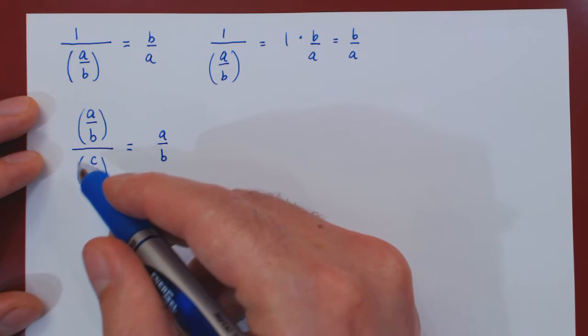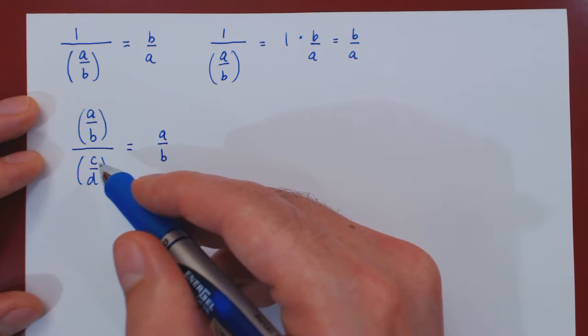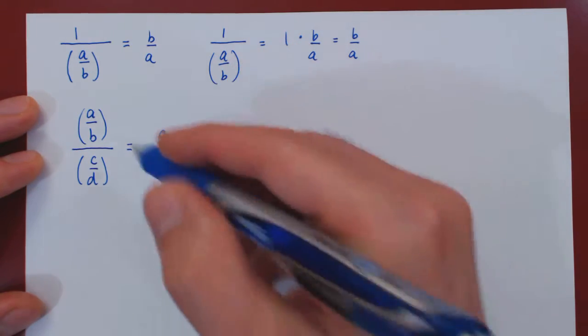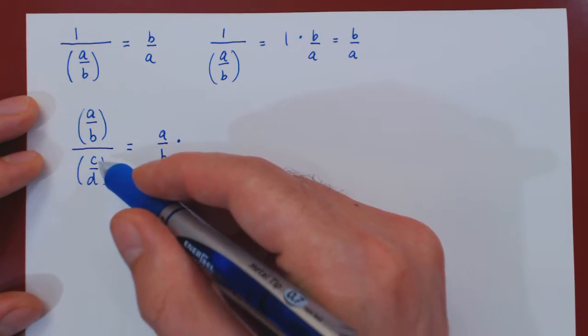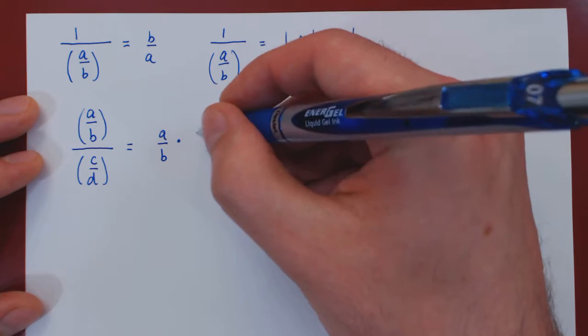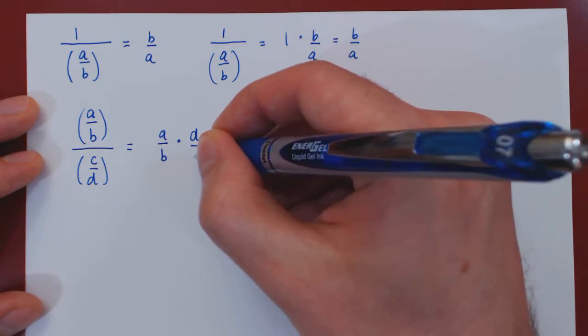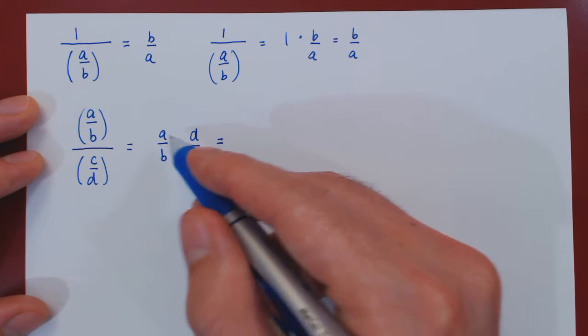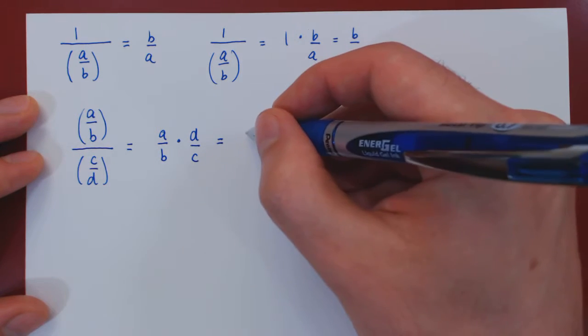And again, if you divide by a fraction, you're performing the reciprocal action, the inverse action, which means you are multiplying the numerator by the inverse fraction. So by now d over c. And now we know how to multiply fractions. This will be ad over bc.